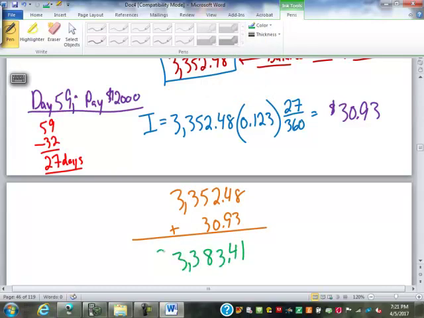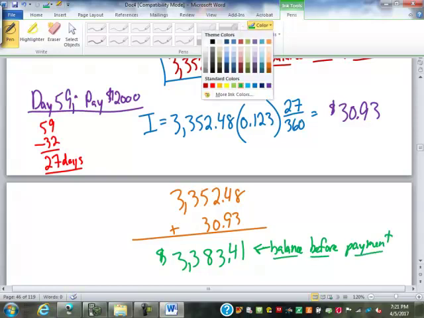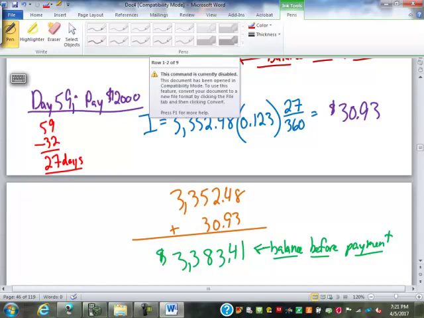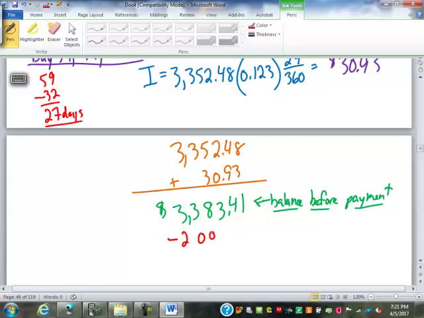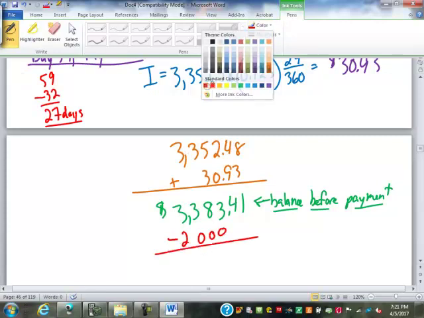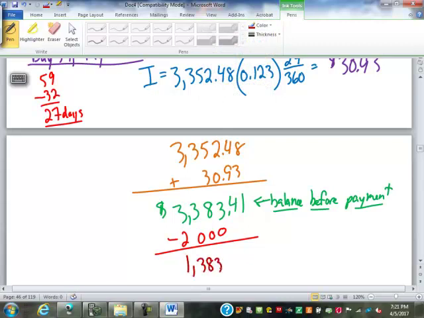You get $3,383.41, the balance before the payment. Then subtract the $2,000 payment. It's $1,383.41, the balance after the payment.